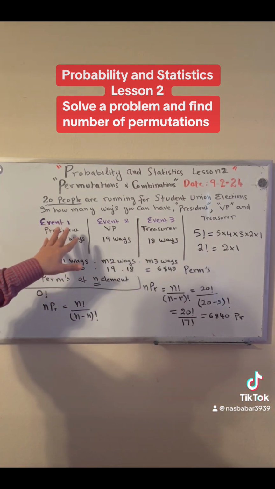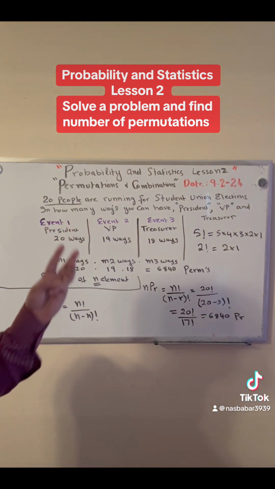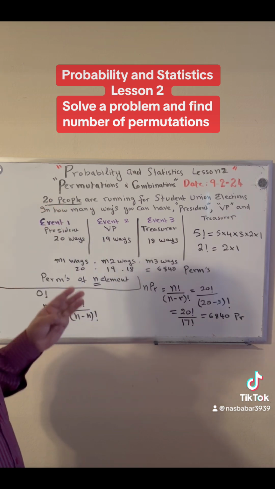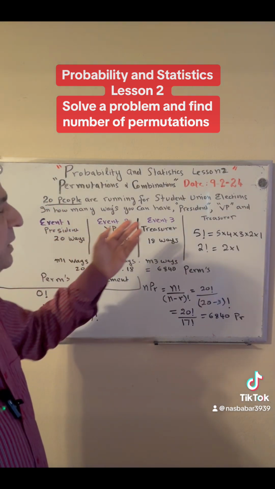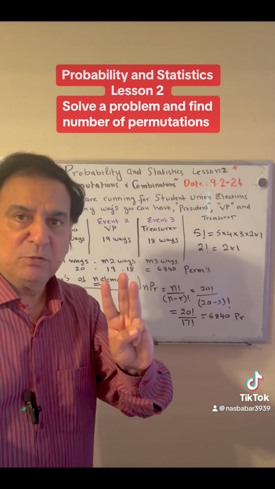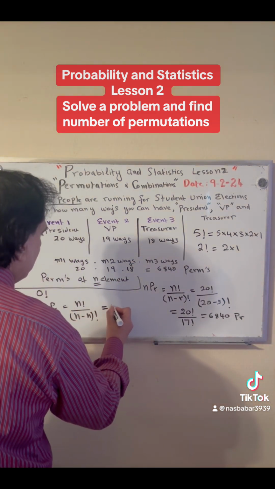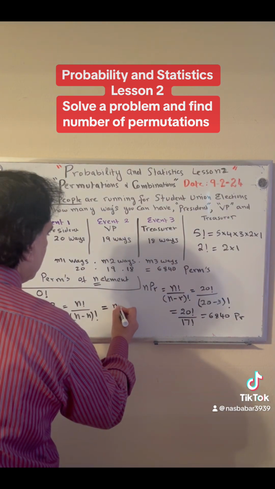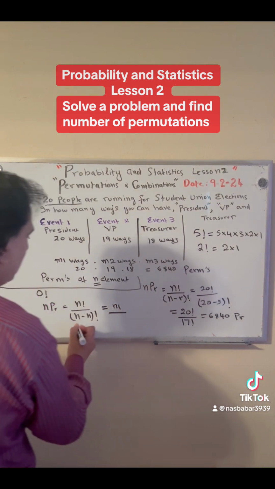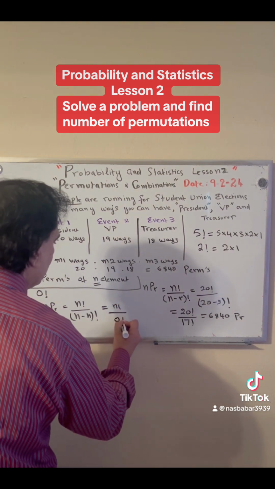Let's say in this example I had said there are only 3 people running for president, vice president, and treasurer. Then the number of elements would be 3. So in that case it would be n factorial over n minus n, which is 0 factorial.